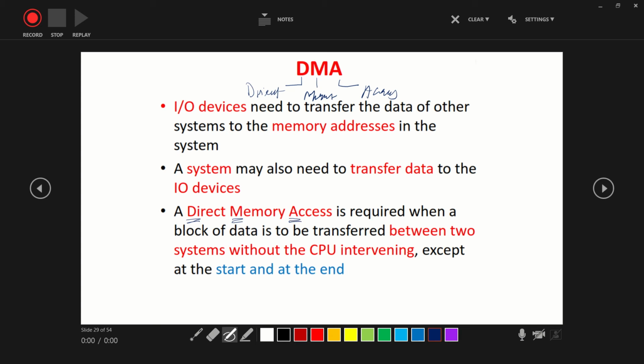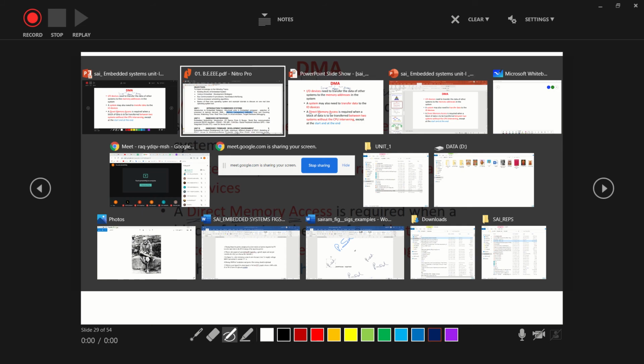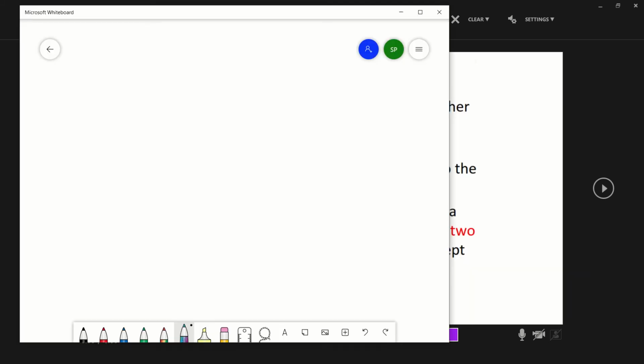Okay. So before touching this word, the IO device needs to transfer the data from the system to a memory address. So what is the basic operation we are going to see? I think you are well aware of the basic operations of the microprocessor or microcontroller, right?